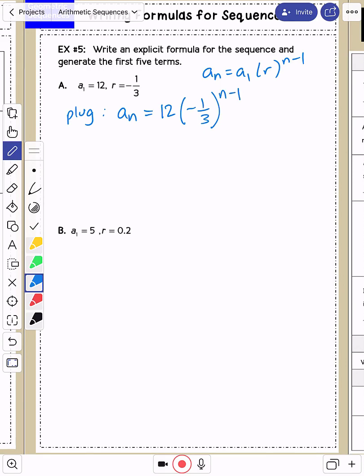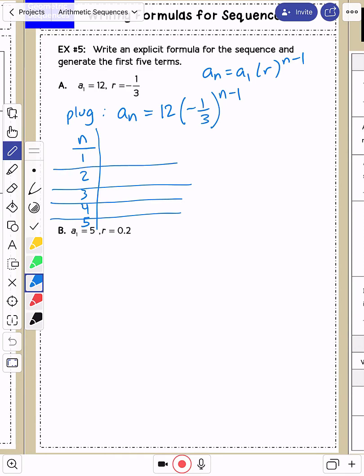And then this wants us to find the first 5 terms. So maybe we'll make ourselves a little table here. And it's 1, 2, 3, 4, and 5. All right, so a sub 1 is equal to 12 times minus 1/3 raised to the 1 minus 1, which is 0.